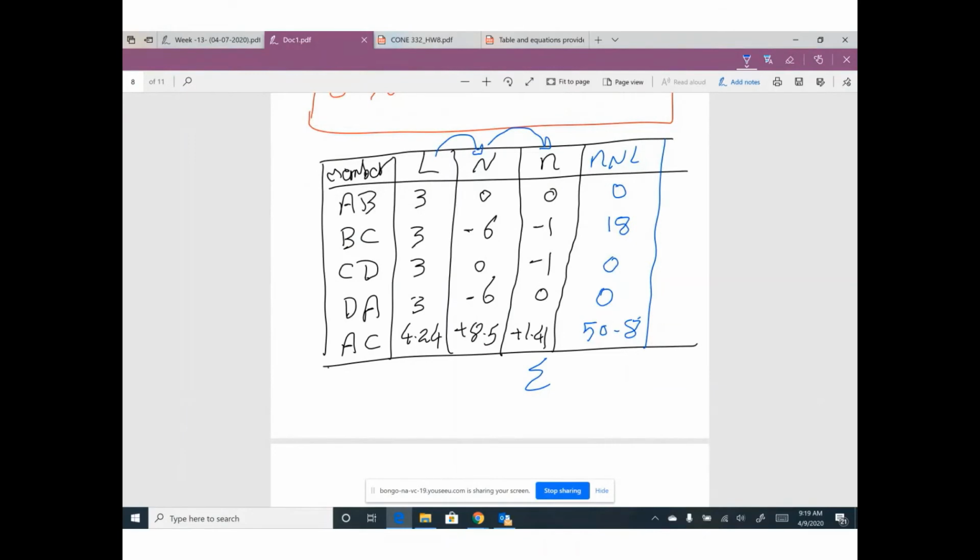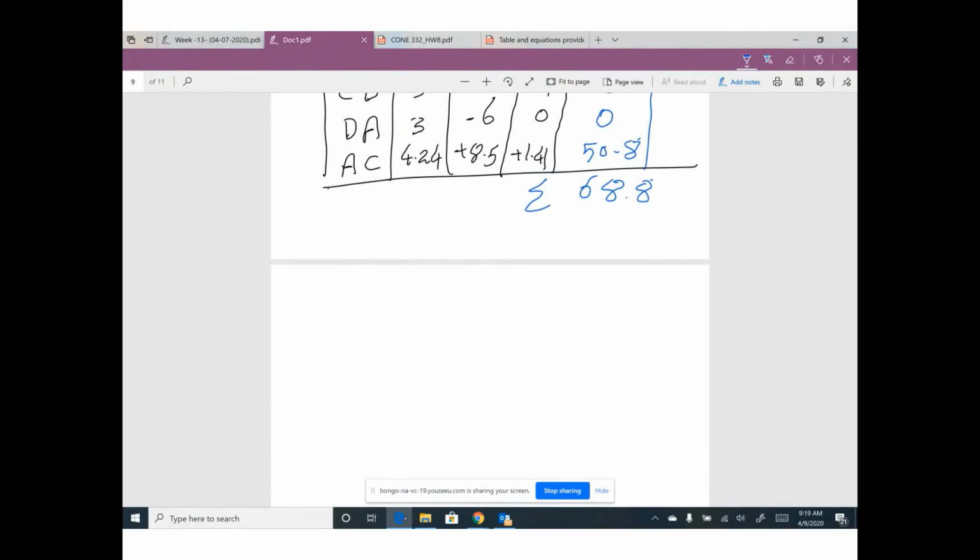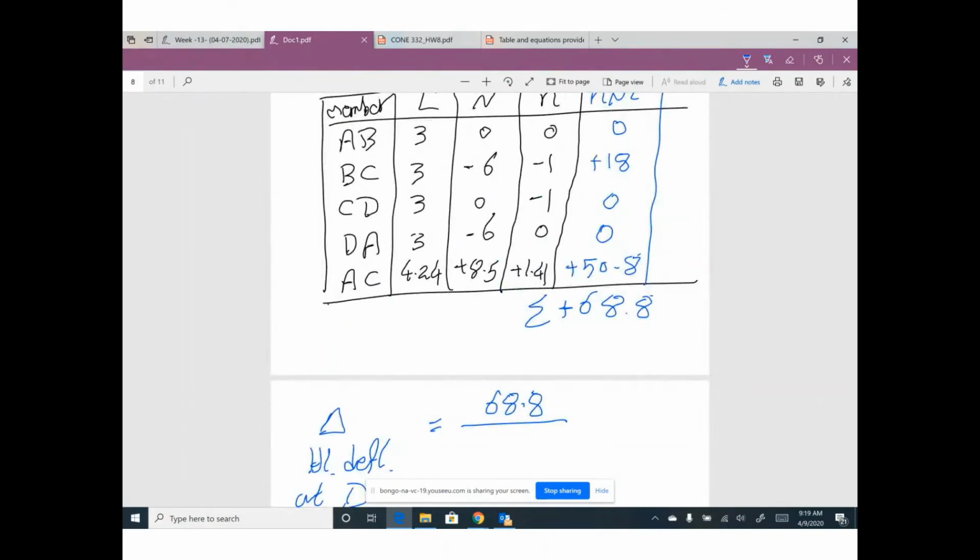Go ahead and get your summation. So this 50.8 plus 18 equals 68.8. That means your horizontal deflection at D equals this number, 68.8, which is positive, because this value is positive, this value is positive, your final summation will be positive.